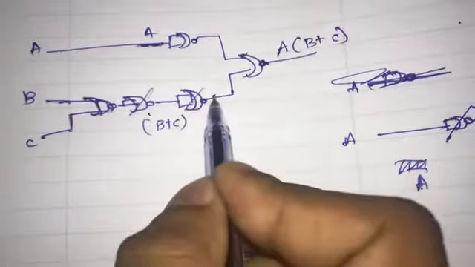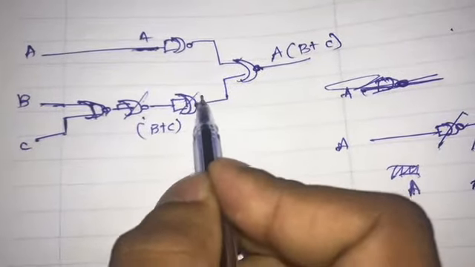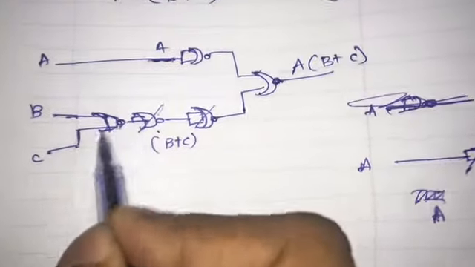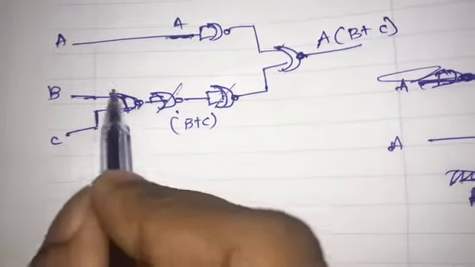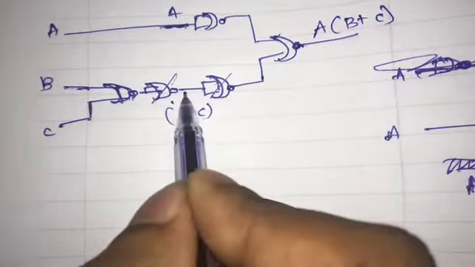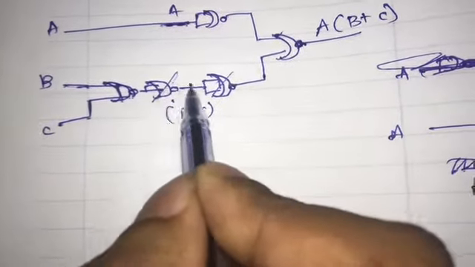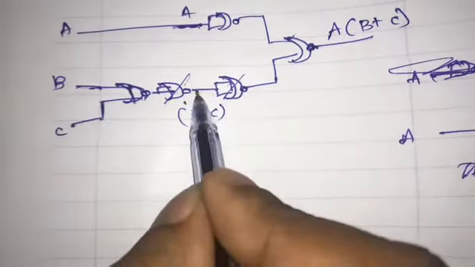But if there was another gate here, you can't cut it off with this because there's two wires connecting over here. You can't cut off a combination one. Only the gates that take the same wire can be cut off.